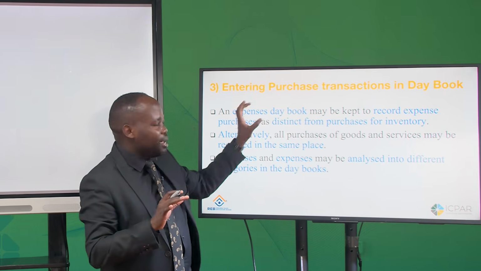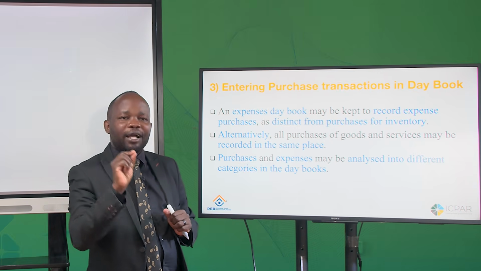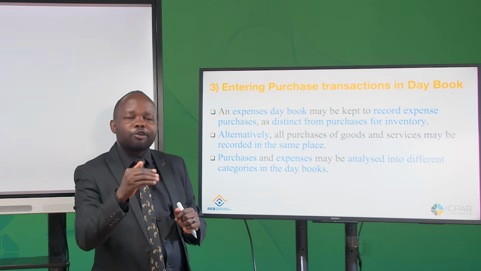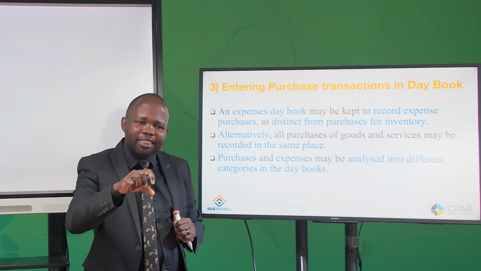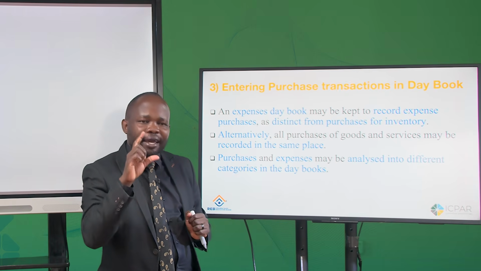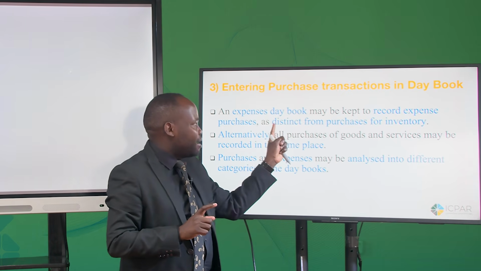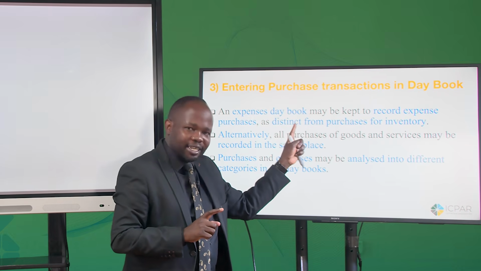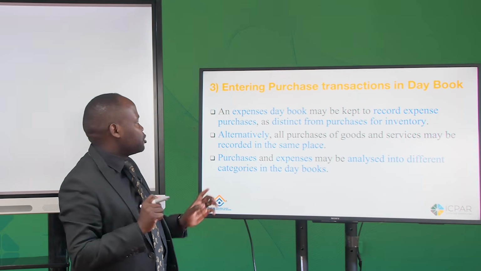This point means that we have purchase of stock or purchase of goods. That is what is commonly posted in a day book. But purchases of other expenses, what we incur on other expenses, can also be kept separately in a day book, as distinct from purchase of inventory.